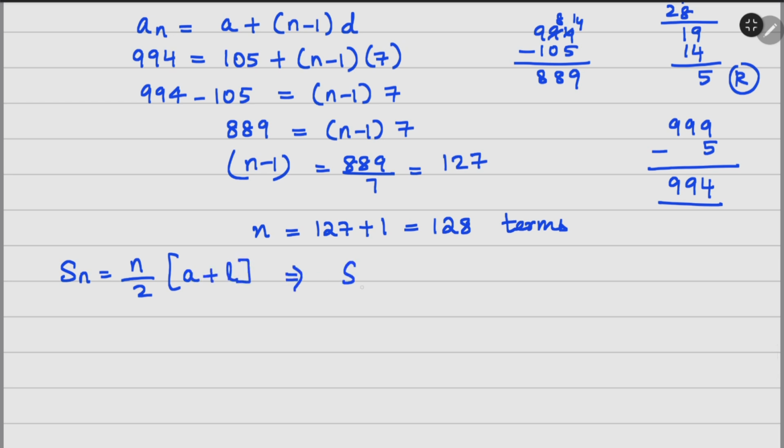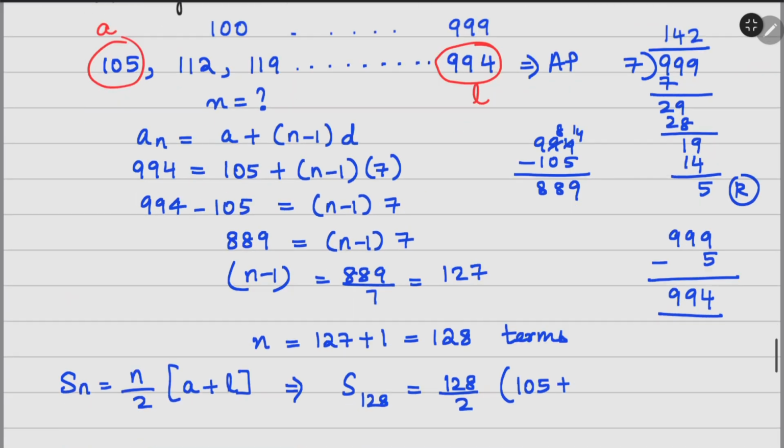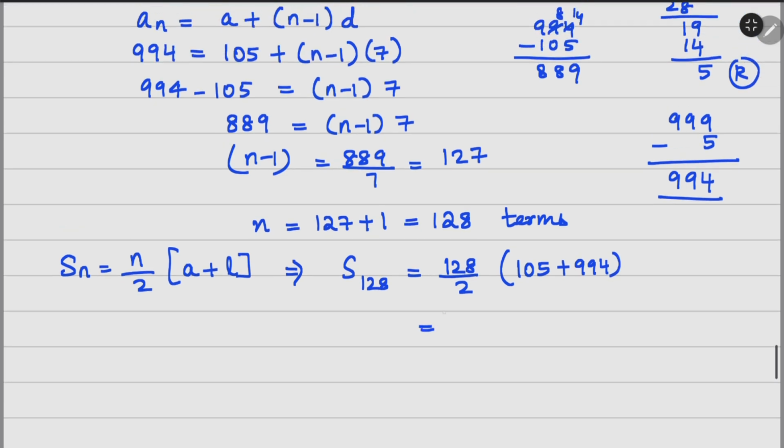So the sum of all the 128 terms will be equal to 128 divided by 2 into first term 105 plus the last term 994. So 128 by 2 is 64 multiplied by 994 plus 105, so you have 1099. 1099 multiplied by 64. So multiply it with 64. 36, 36,000, 39.